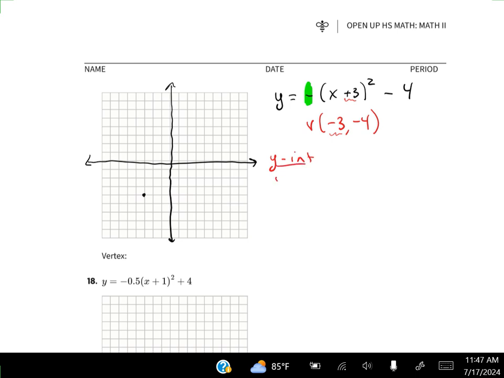We get it by plugging in 0 for x. So this is -(0 plus 3) squared minus 4. So this is going to be -9, because the negative's on the outside, minus 4, so we get -13.